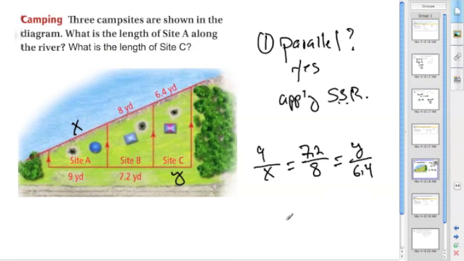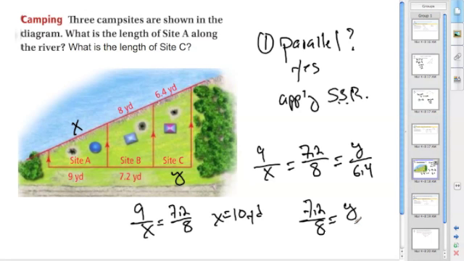So now we can solve. So if we're going to solve, we have 9 over x equals 7.2 over 8, cross multiply. We have 9 times 8 and divide that by 7.2 and get 10. So x equals 10 yards. Now you have 7.2 over 8 equals y over 6.4.